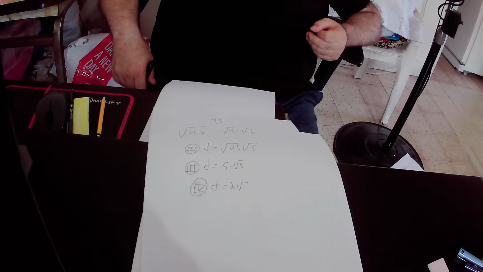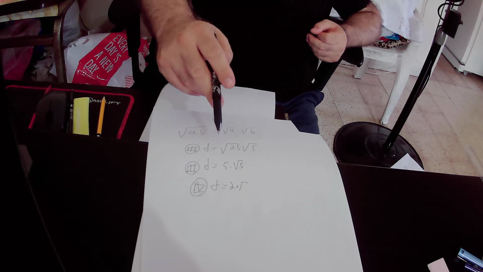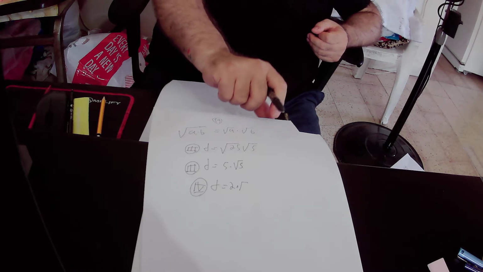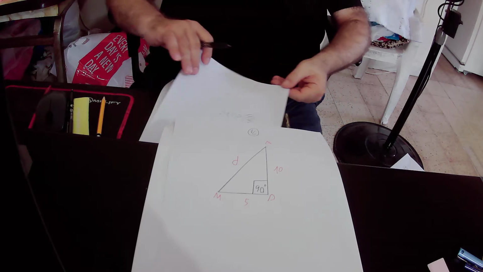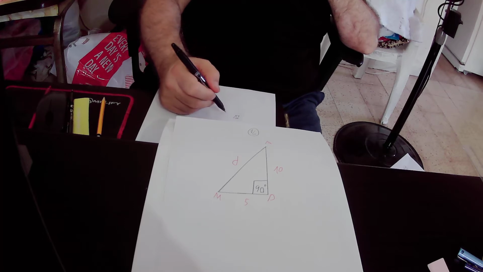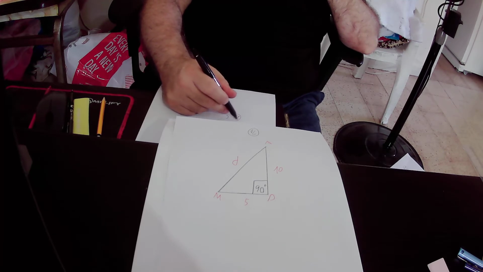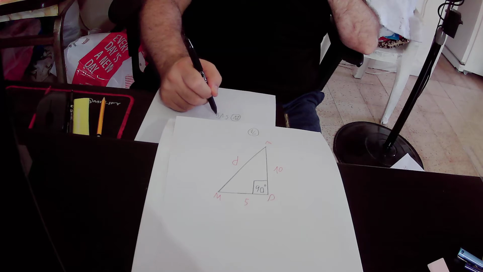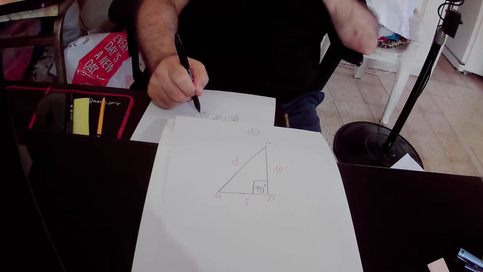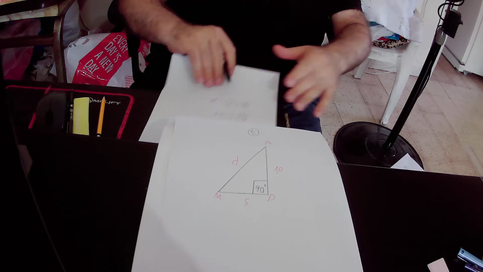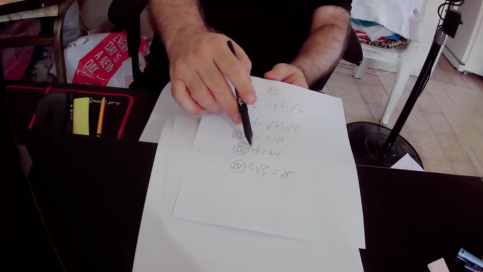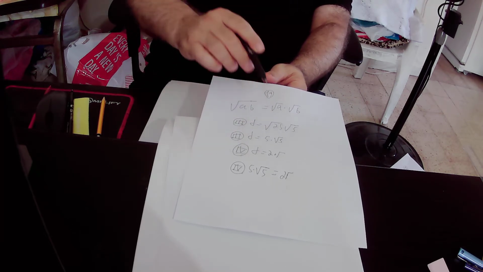In the fourth equation, we can substitute d by 5 times root 5, because d equals 5 times root 5.